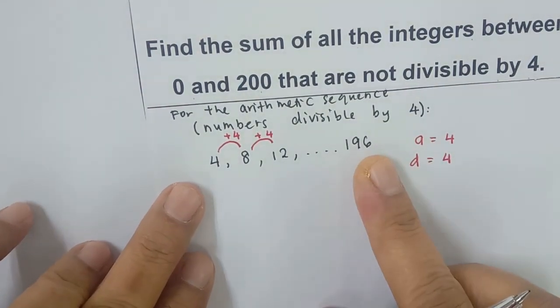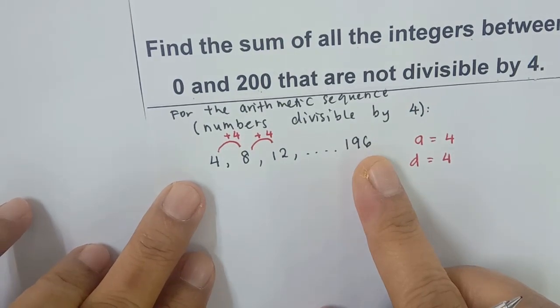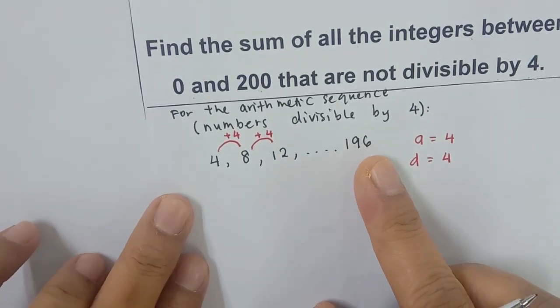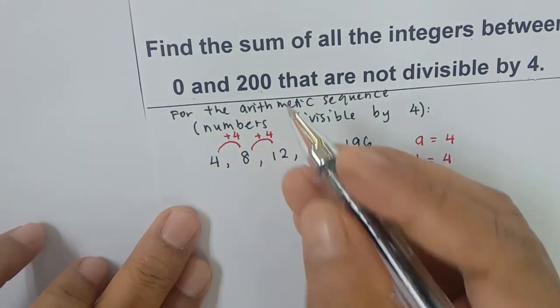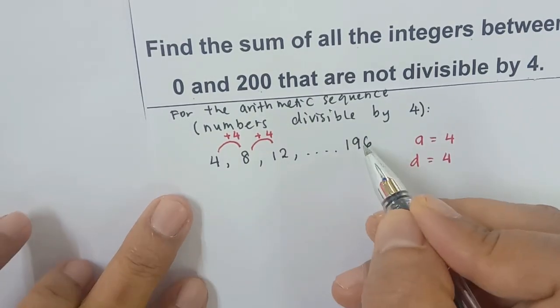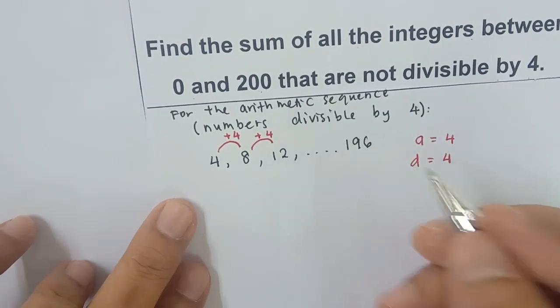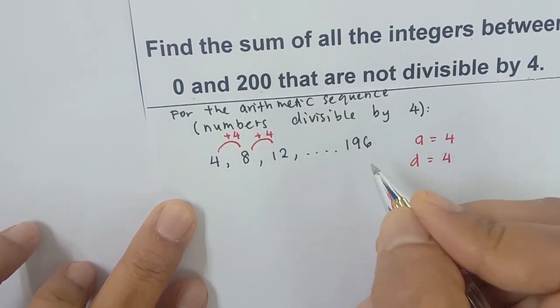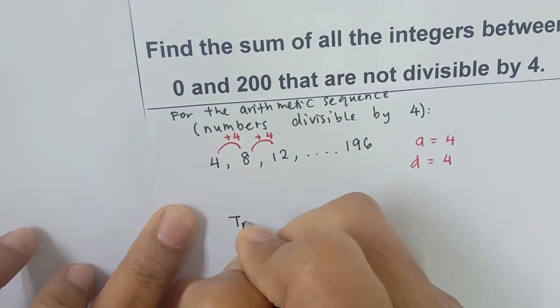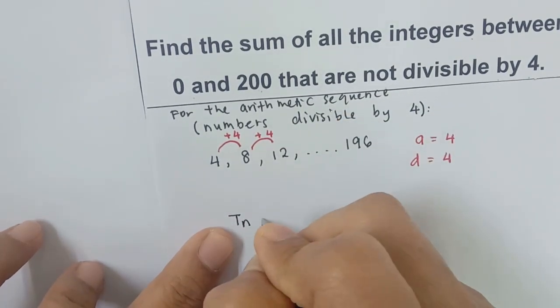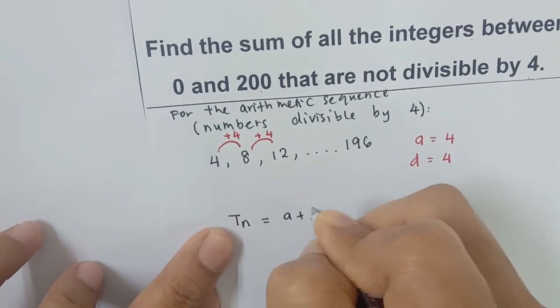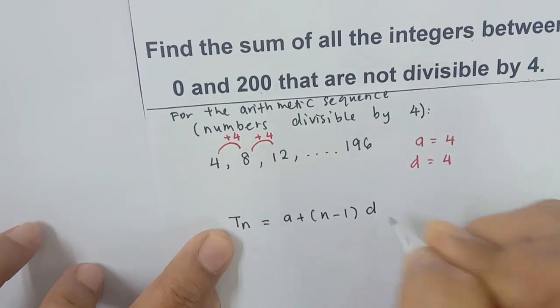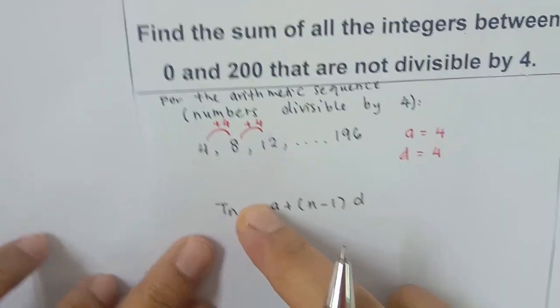How to find n? To find the number of terms, we use the Tn formula. We know the last term is 196. So to find n, the number of terms, using the Tn formula, Tn for an arithmetic sequence is a plus n minus 1 times d. So the last term is 196.